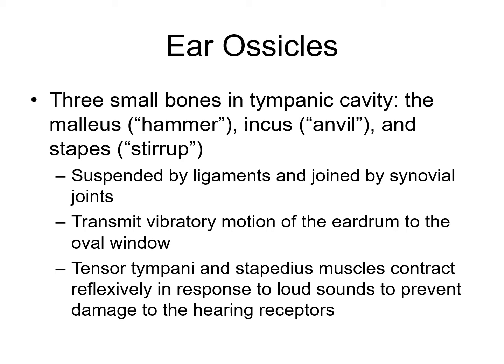And then we have a couple of protective mechanisms that actually help to protect our hair cells within the ear from loud noises. So we have a feedback system that involves a number of different muscles, including the tensor tympani and the stapedius muscles. And those are going to contract reflexively in response to loud sounds in order to prevent damage to the hearing receptors.